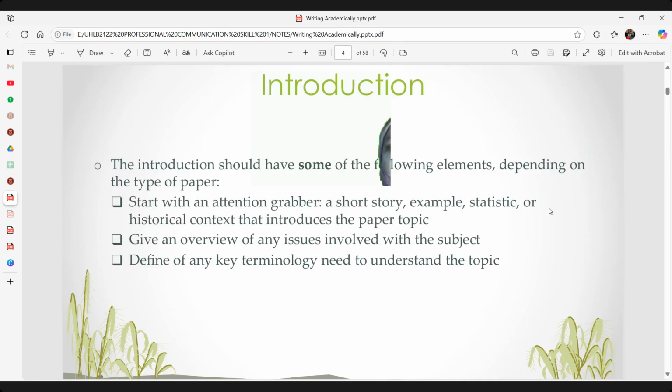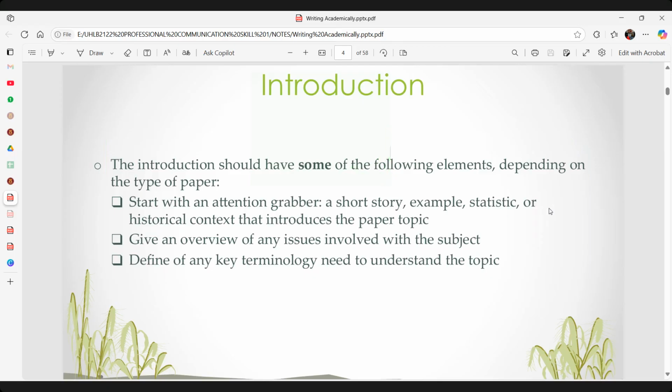So in the introduction, we are discussing what things you can write as your hook or your attention grabber. Some of the elements you can use: number one, probably a short story, an example, a statistic, or historical context that introduces the paper topic.